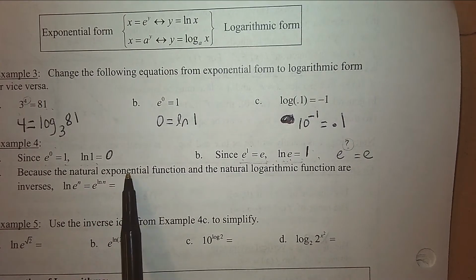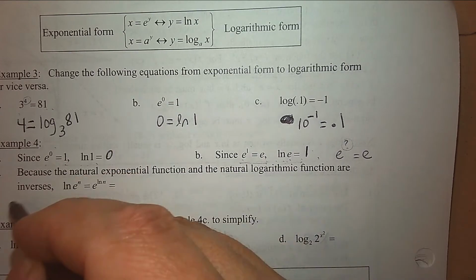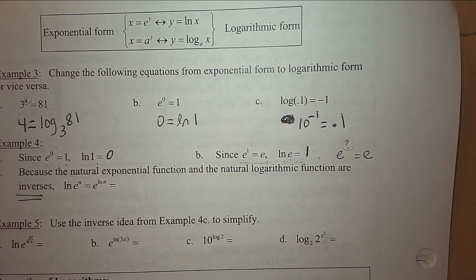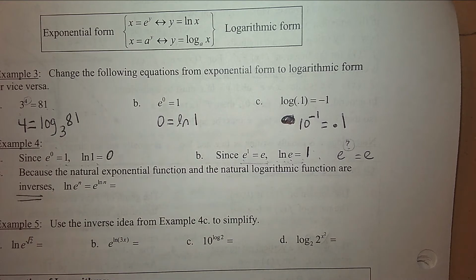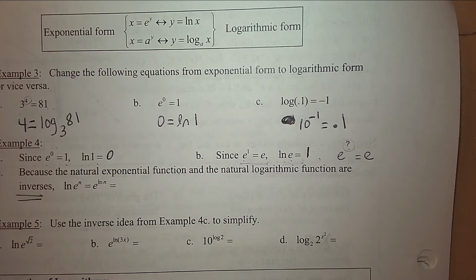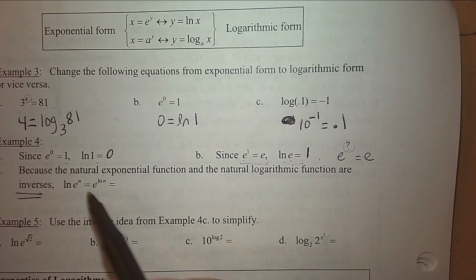Because the natural exponential function and the natural logarithmic function are inverses. So what's a logarithm again? A logarithm is the inverse of an exponential. That's it. Because they undo each other.